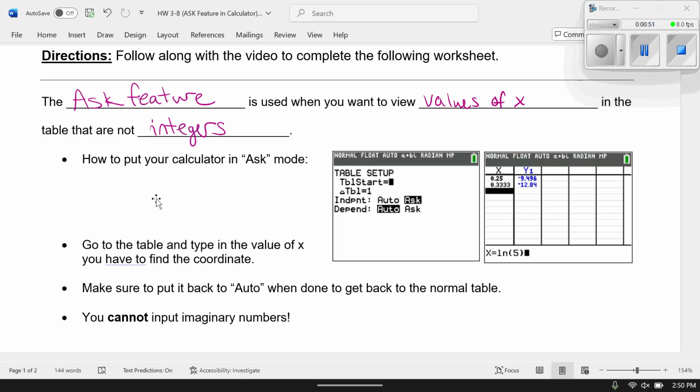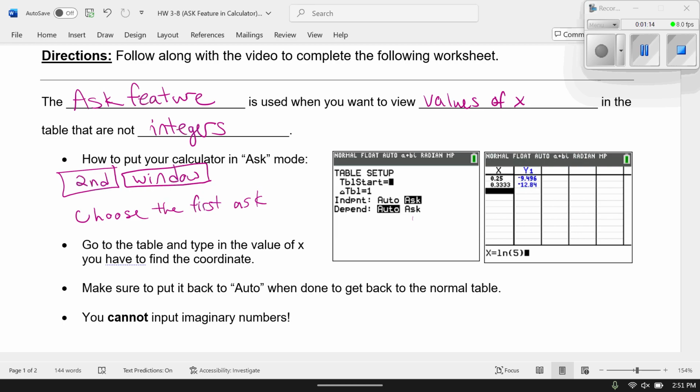To put your calculator in ask mode, you are going to hit second window and choose the first ask, because see how there's two ask buttons?